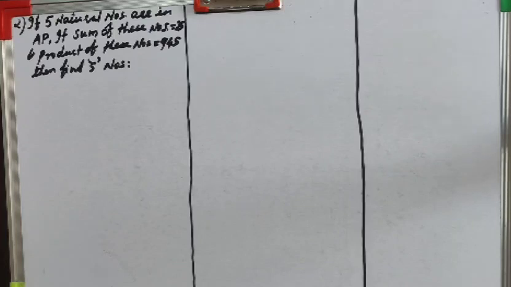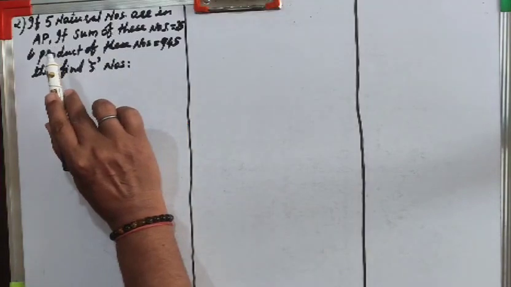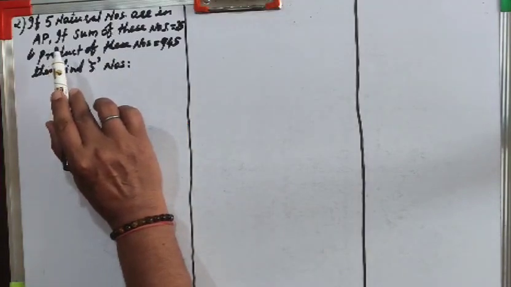This is a continuation of the previous video in which I explained, if the question is given that three numbers are in AP and their sum and the product is given, then how to find out the three numbers. Now, in this, we are going to discuss if five natural numbers are in arithmetic progression.